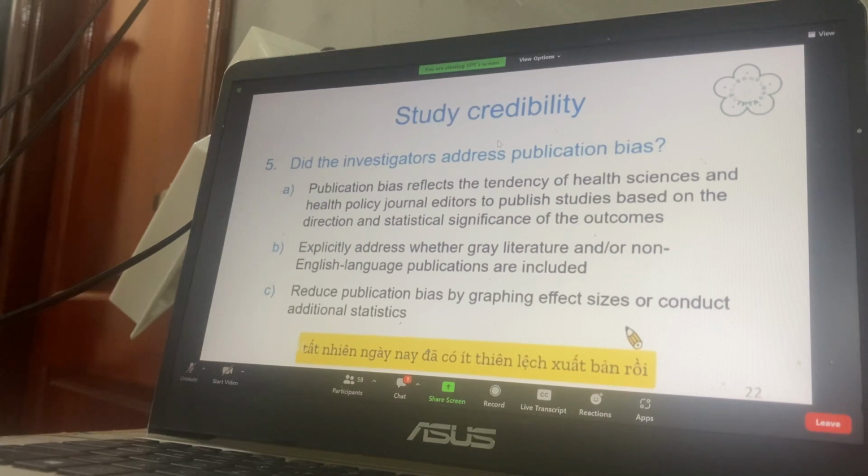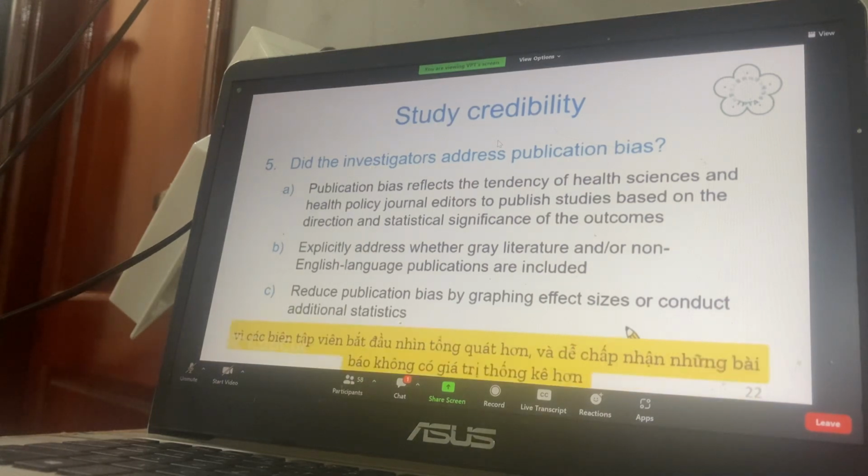Of course, there is less publication bias nowadays since editors in journals have become more general and accepting of non-significant data. But again, if data has any significance, it's going to draw more attention from the editor and there's a higher chance to be published. In comparison to data without any significance, there's less chance of getting published. And that's a publication bias.